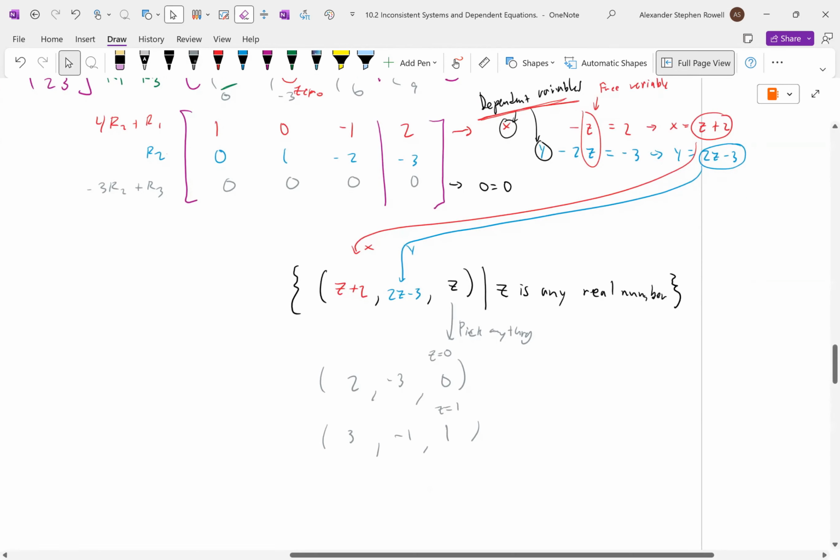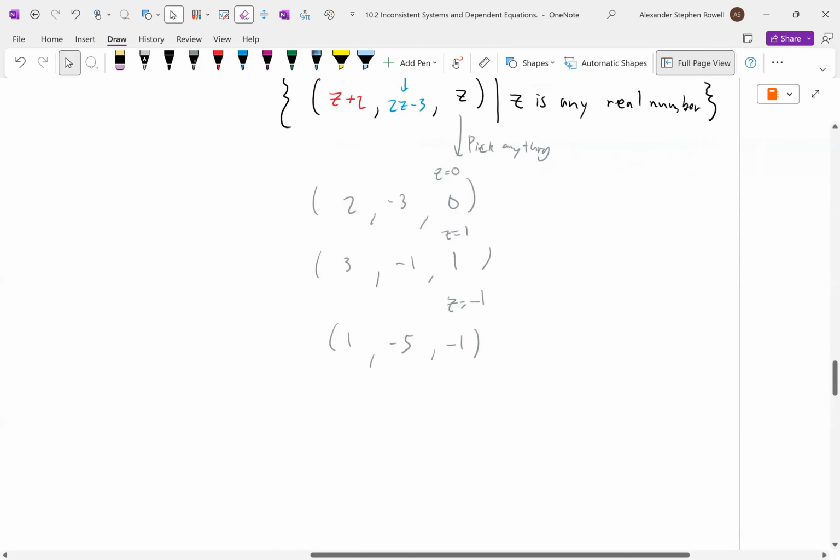Z is equal to 2 or -1. So let's write -1 for z. And we get -5 for y and 1 for x. If you're feeling really crazy, plug in like e or pi. The point is you can plug in anything, any real number.